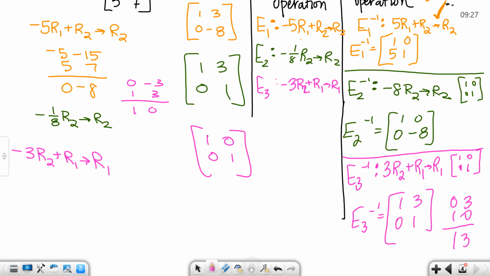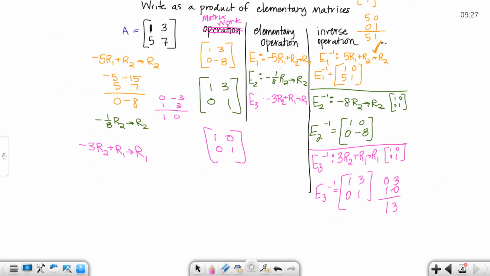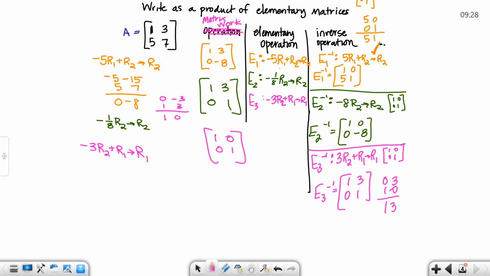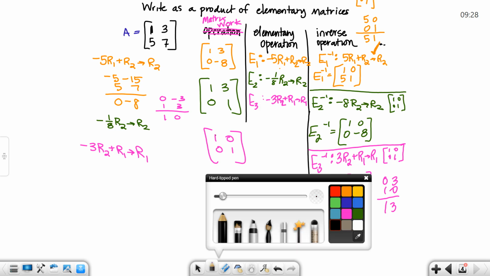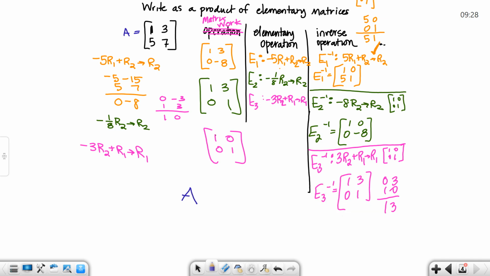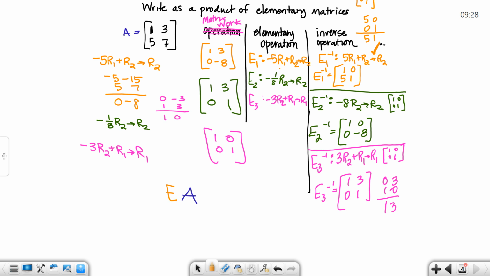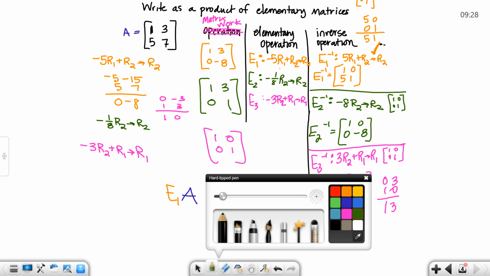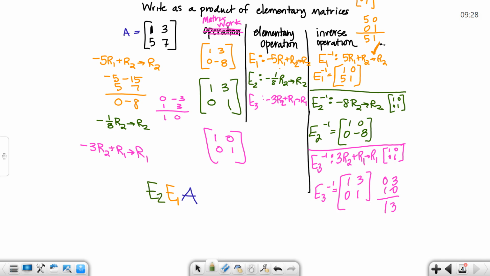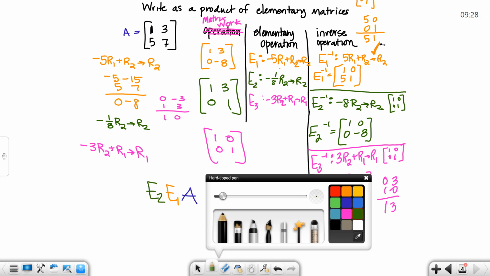So let's look at it. Here's what we did. We took matrix A, let's make it blue because it was blue to begin with. We took matrix A and we did the pink step. That's not pink, that's orange. The orange step. And then we did the green step.